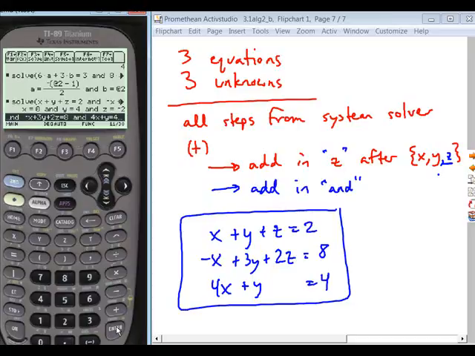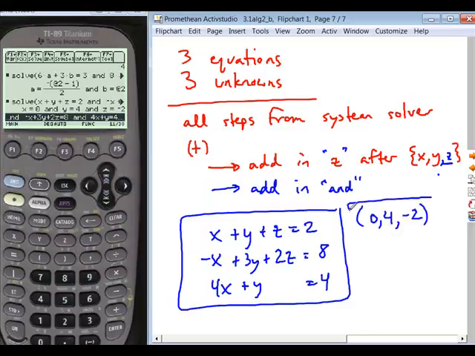Anytime you're entering a solution set in this 3-dimensional representation, or if it's 3 or 4 systems or equations in the system, just enter the letters or the numbers of the solutions in alphabetical order. So with x, y, and z, enter your points as 0, 4, -2, and that'll be your answer.